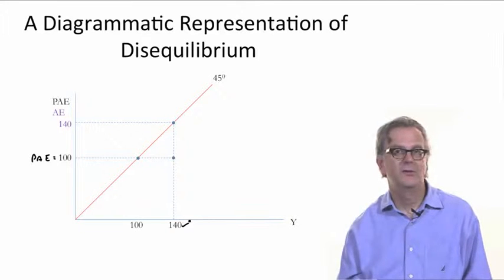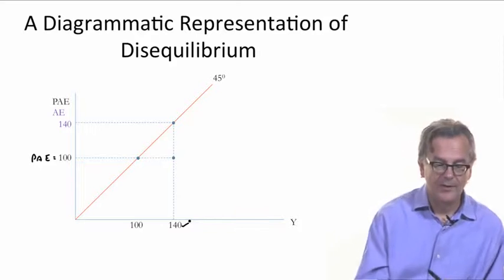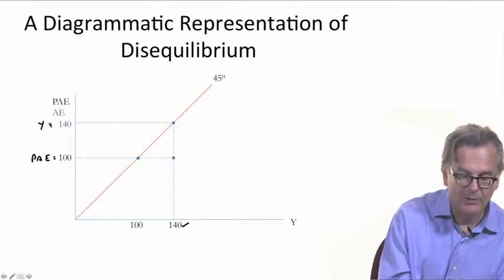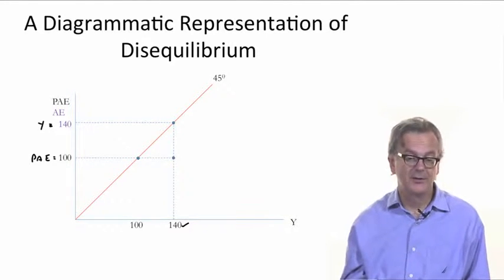So we have a situation where our criterion for equilibrium is not satisfied because we now have more output being produced than is warranted by the planned aggregate spending of sectors in the economy. Note, and this is why I wanted to have aggregate expenditure on this diagram as well, because of the definition of GDP, we know that that figure of 140 also corresponds to aggregate expenditure in the economy.